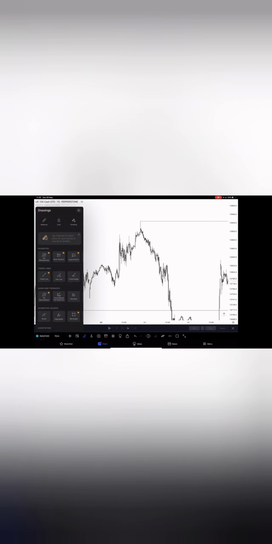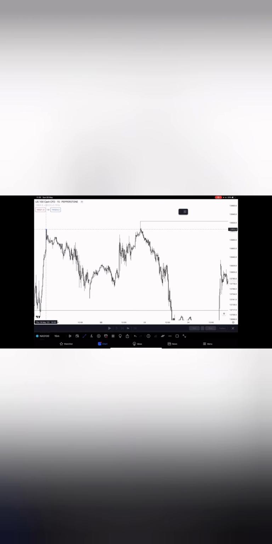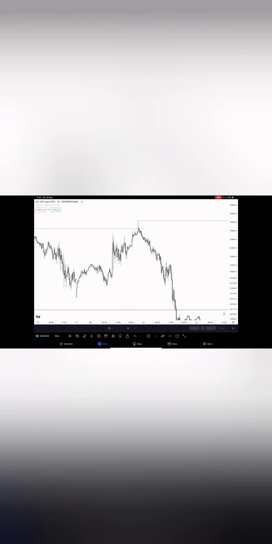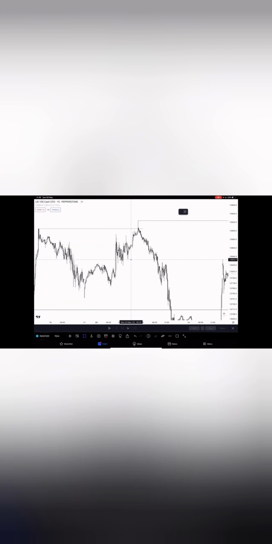Right? High, low, higher high. We close below this candle, this specific candle, right?